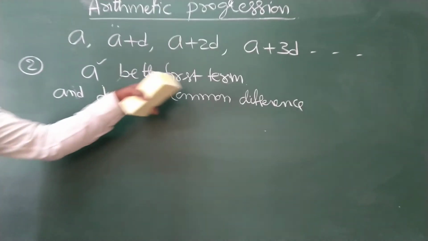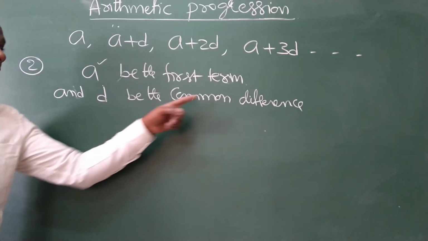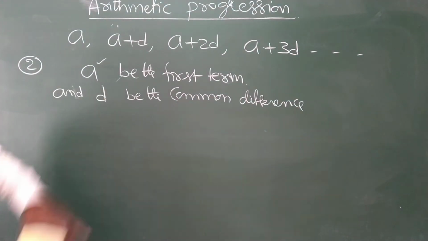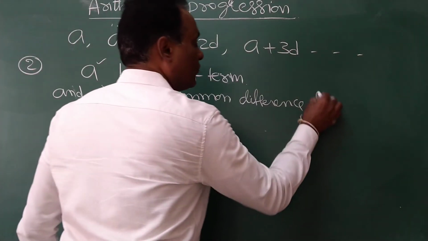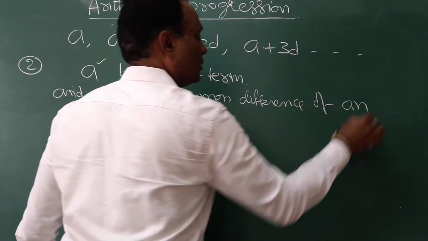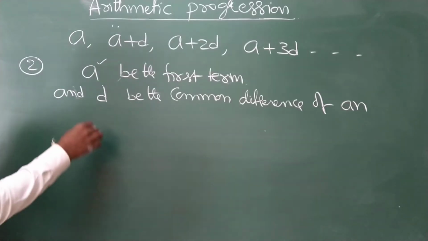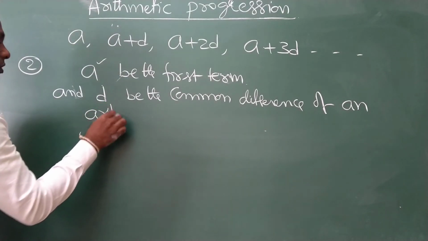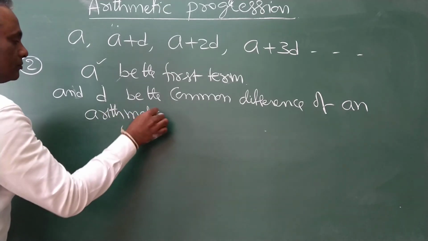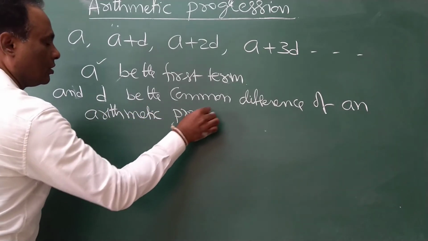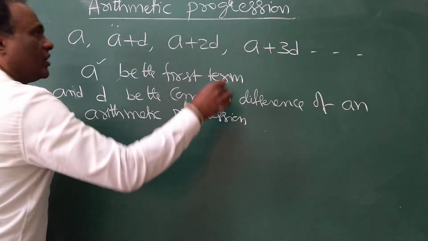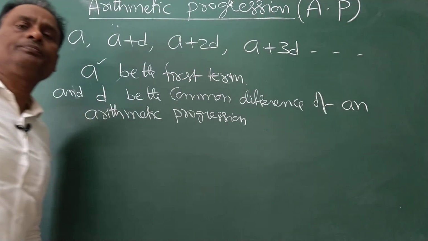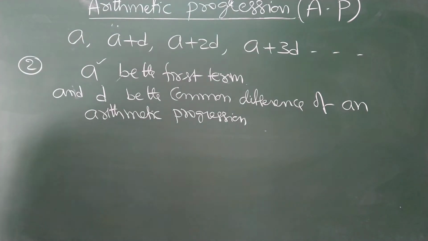Let A be the first term, D be the common difference of an arithmetic progression. From now onwards, arithmetic progression I will write in the short form AP.